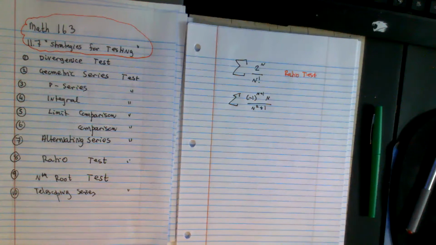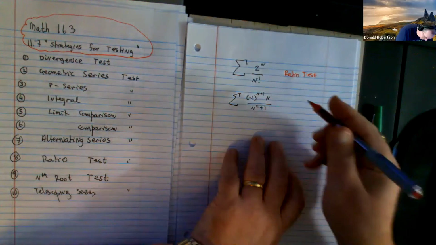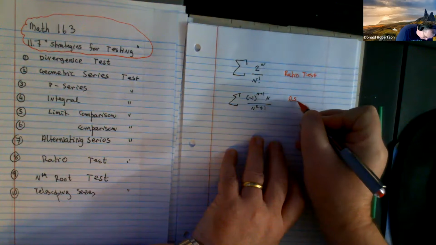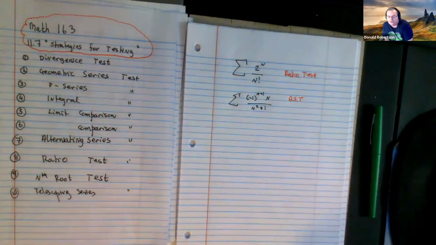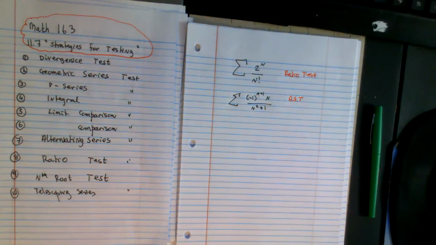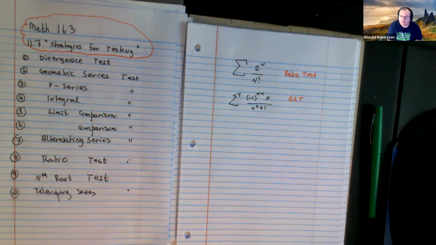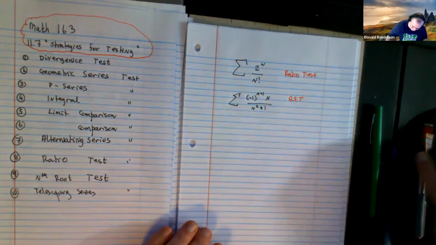Alternating series test. Agree. What was the clue? The -1 to the n power. Right. Agreed? Okay. Now, let's make life difficult.